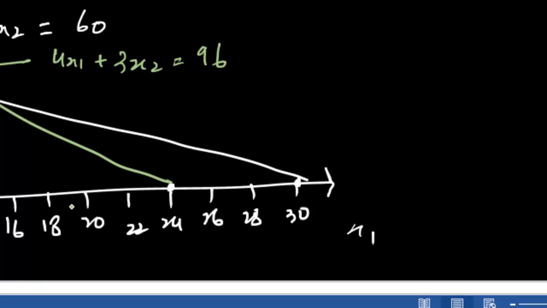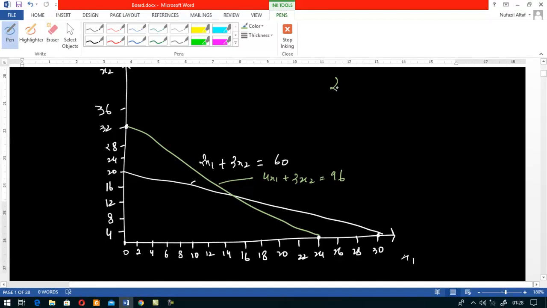Now the next step is that I need to find the feasible region. For that I need to go back to the constraints, and I am going to write them over here. So I have 2x1 plus 3x2 less than or equal to 60, and another one, 4x1 plus 3x2 less than or equal to 96.